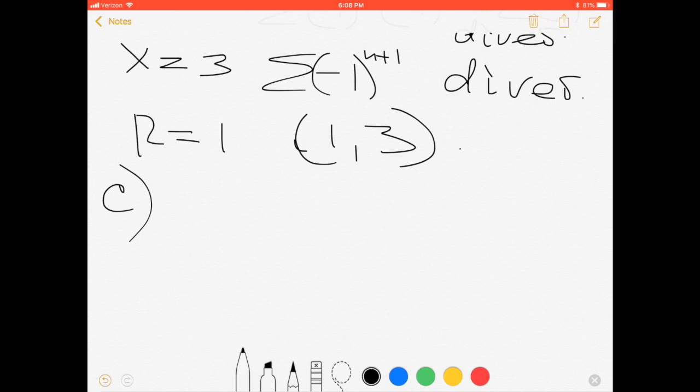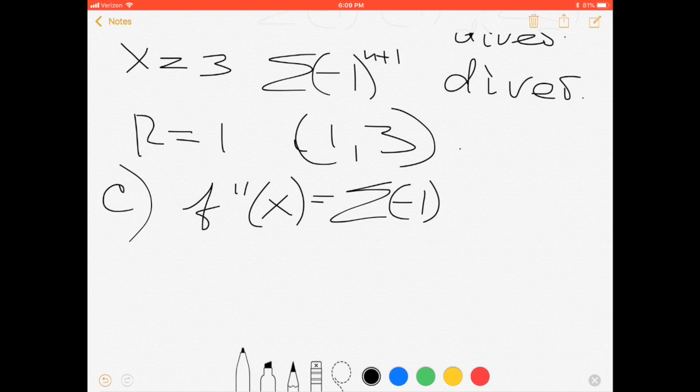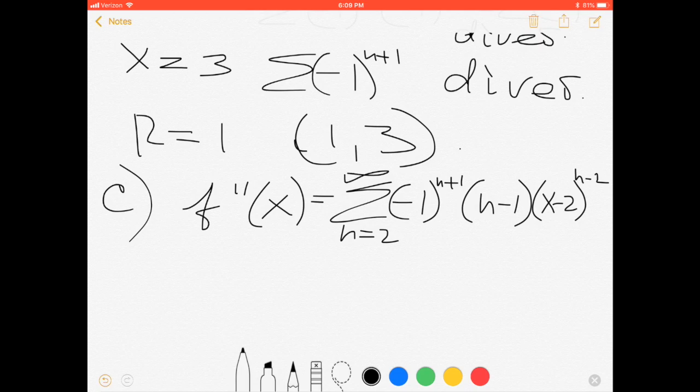C. What happens if you have the second derivative? Okay. The second derivative of your function f(x) will be the sum of negative 1 to the power n plus 1, here we have n times (n minus 1), (x minus 2), but the power now is n minus 2, and here n starts at 2 to infinity.